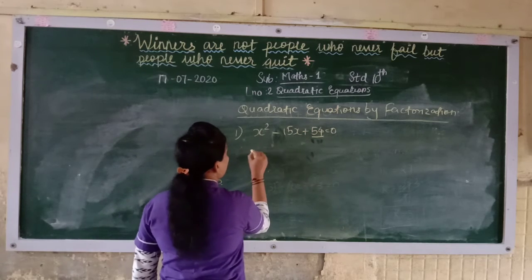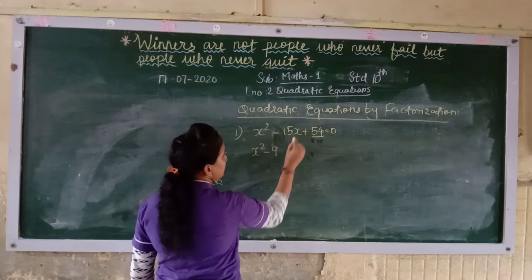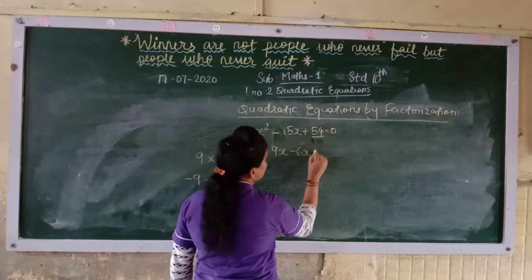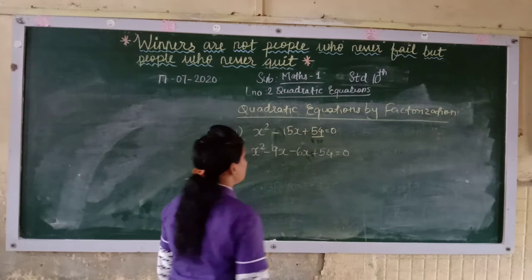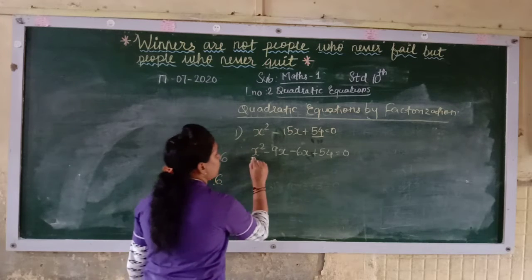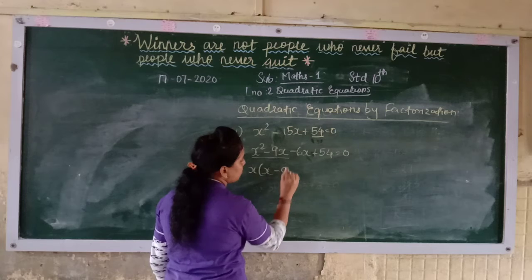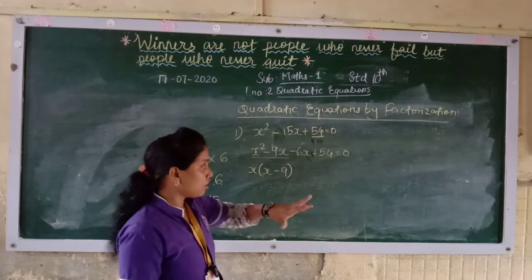So here you will get x square minus 9x minus 6x plus 54 equal to 0. Now take common from this. So what you will get? x is common, so inside it will remain x minus 9. Now you should be careful.